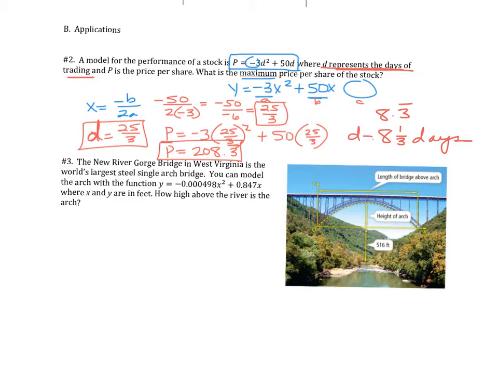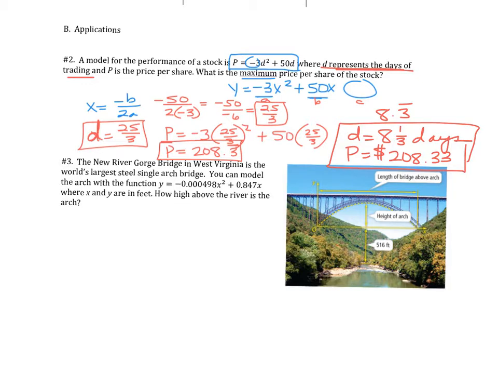So this is your D, 8 1/3. Your price per share is money, so $208.33 would be your best answer. Okay, so after 8 1/3 days of trading, the price per share would hit a maximum of $208.33.